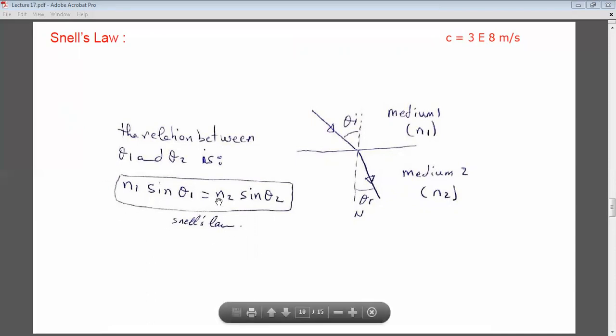It obeys this law: N1 sine theta I, where this is theta I here, is equal to N2 sine theta R, where this is theta R over here. This law is called Snell's law. Let's see how we can apply it.